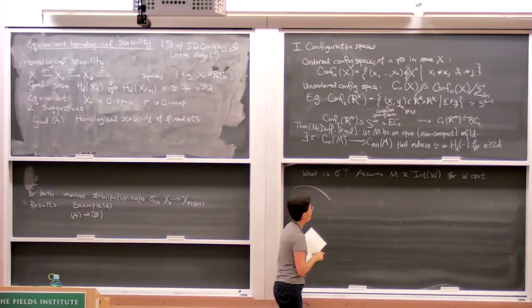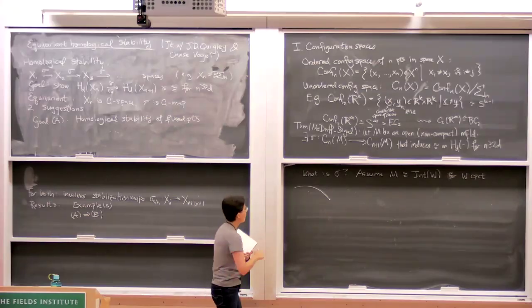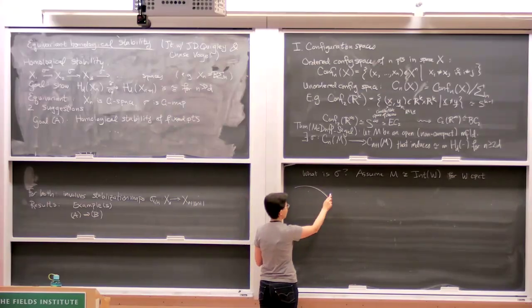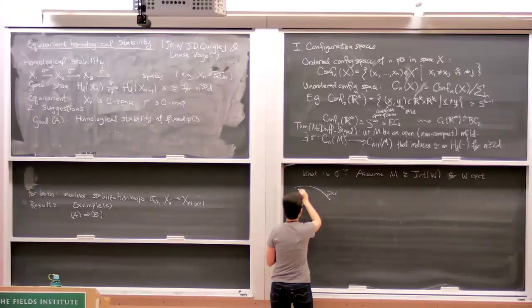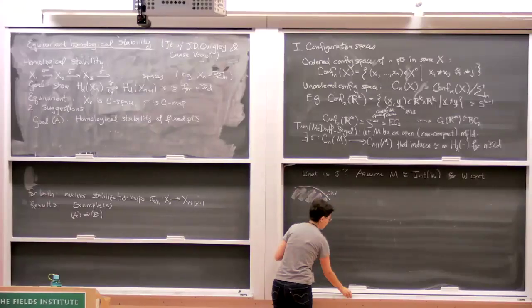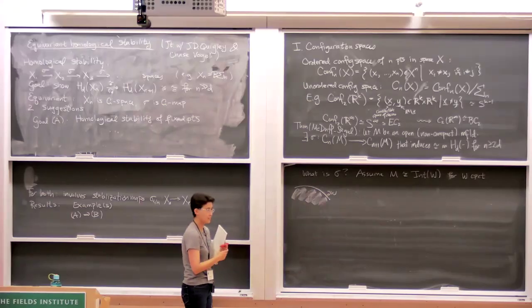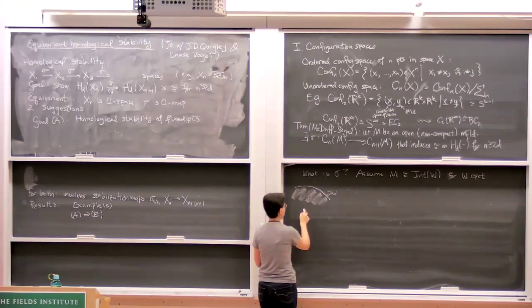It just makes this construction easier to state. So here's the boundary of my manifold, and the actual manifold M is inside. And we're going to start with a configuration.